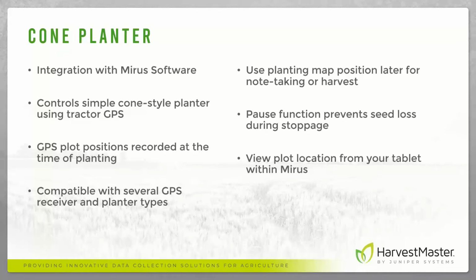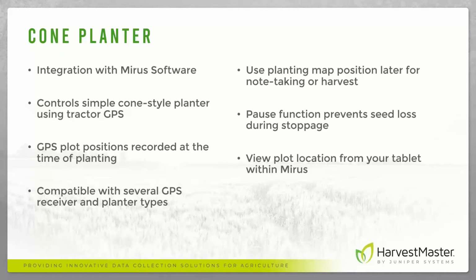We can here use the tractor GPS also to trip the cone planter. So you're not required to have a separate GPS for this plugin. We will record that GPS location at the time of tripping, so then you'll have a map that has all the trip points from the planting.